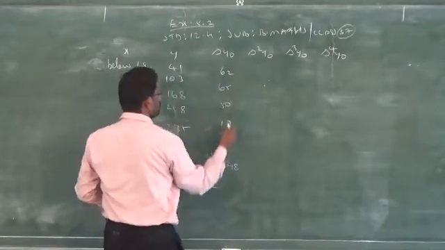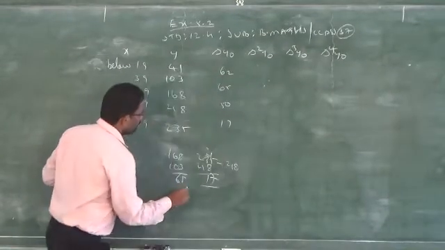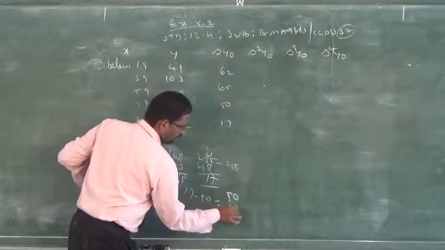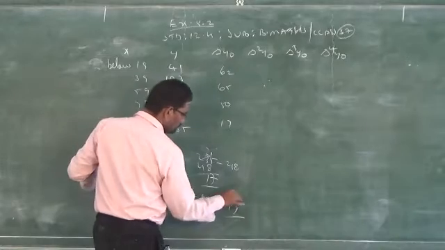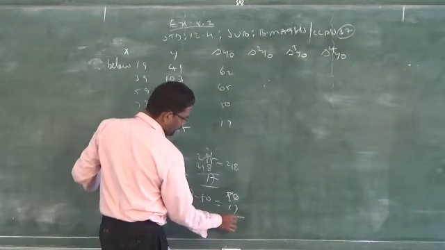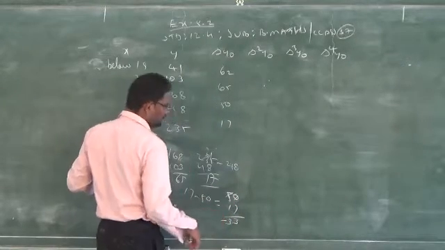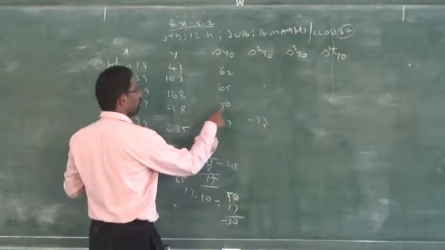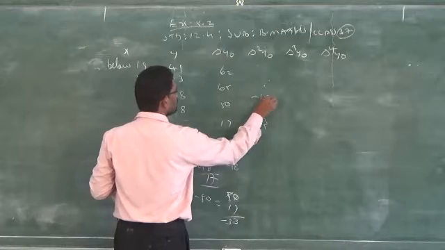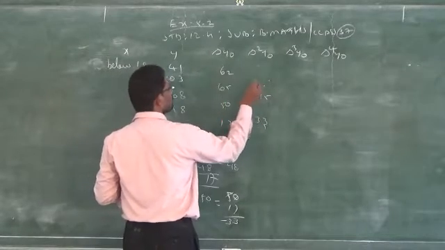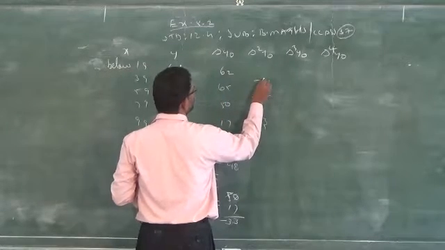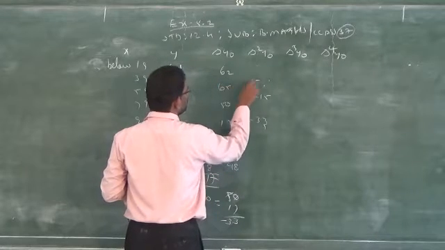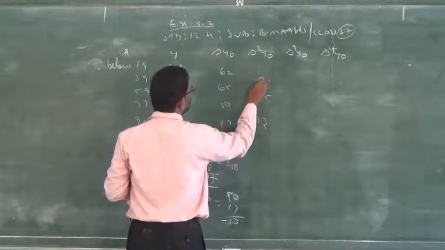The next column you have to subtract: 17 minus 50, that is minus 33. Be careful, minus 33. 50 minus 65 is minus 15. 65 minus 62 is 3.